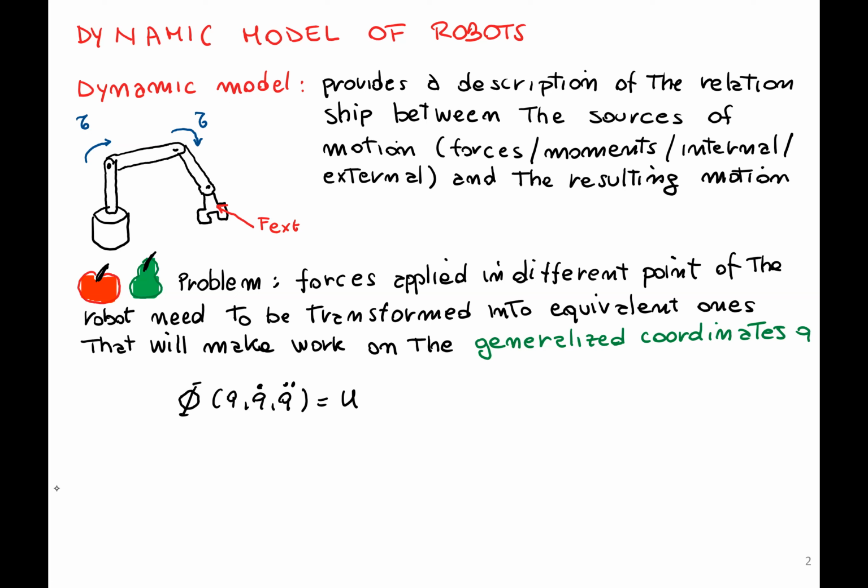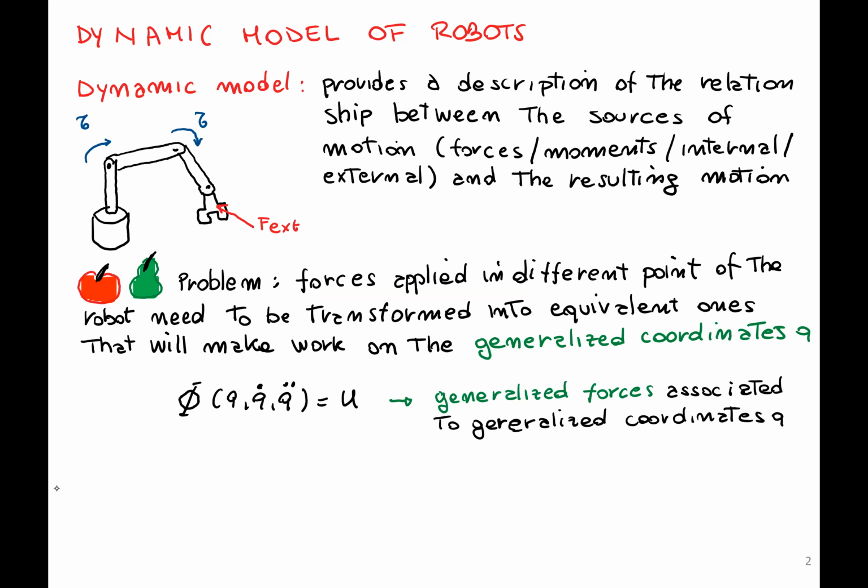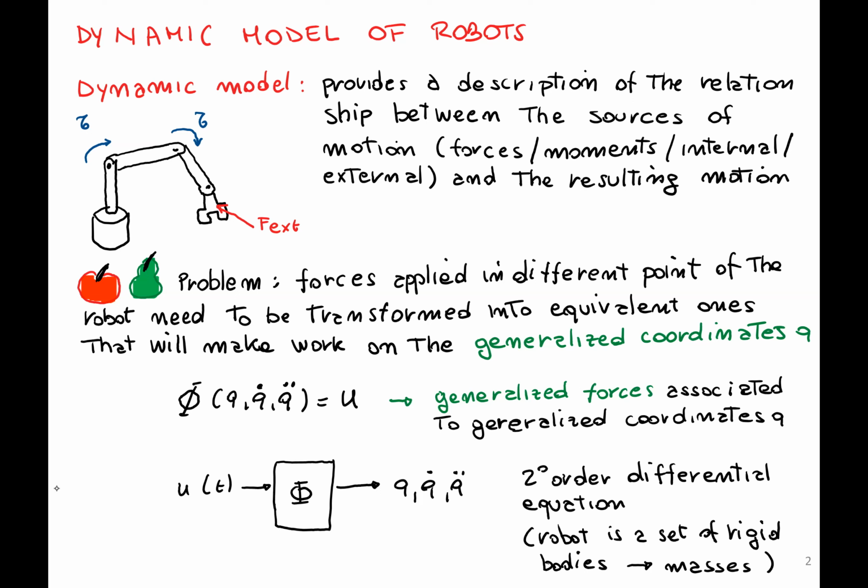The dynamic model will allow us to compute the sequence of configurations that the robot will achieve as a consequence of applying these forces in a certain interval of time, for example. So we can derive the motion starting from the forces. This dynamic model is a set of second-order differential equations, because we are talking about rigid bodies, and rigid bodies are treated like masses.